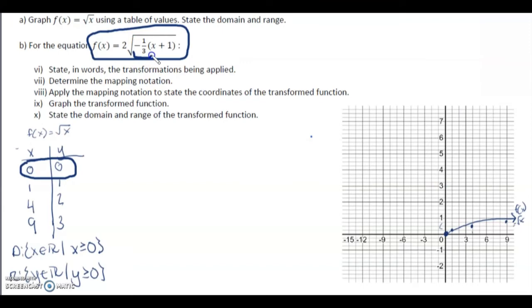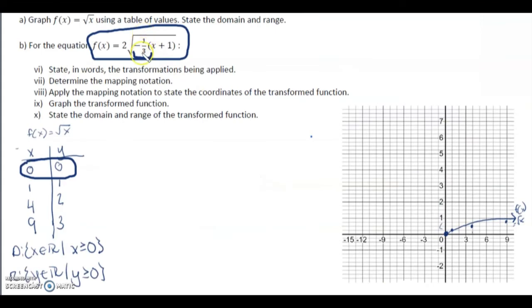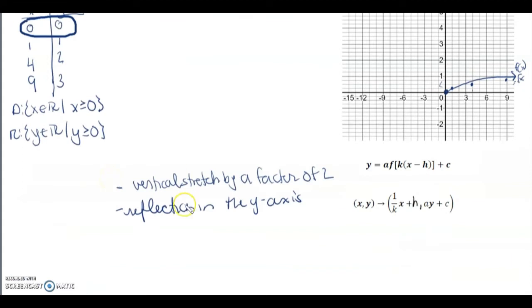So the negative and the 1/3 pertain to the k value. So the negative represents, from our chart, reflection in the y-axis. Okay, and the 1/3, remember this looks like it would be a compression because it looks like 1/3, but it's actually the opposite.